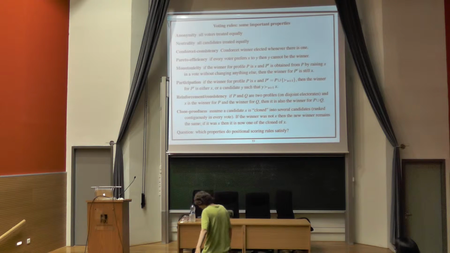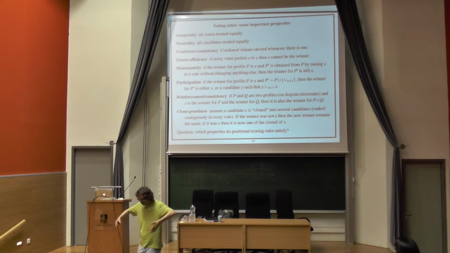Participation is the property that if you have a number of voters who already expressed preferences and the winner is X, and then you have a new voter who hesitates whether to vote or not, and when this voter decides to come and vote, the new winner is either the same as before, or a new winner that this voter prefers to the old winner, then the rule satisfies participation.